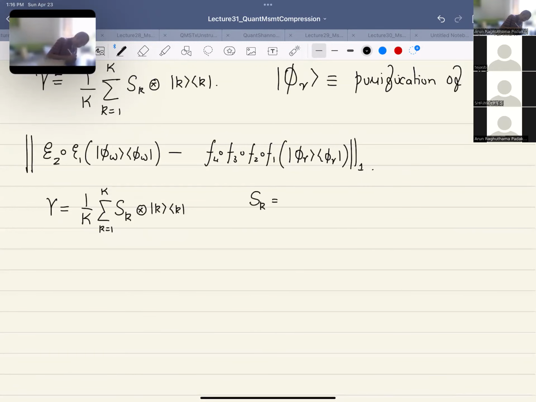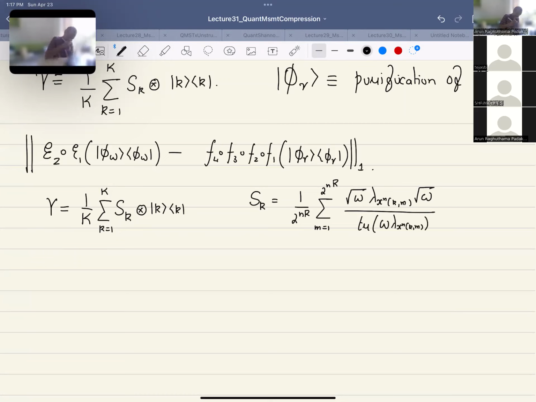Sk is 1 by 2 power nR summation m equal to 1 through capital 2 power nR root omega lambda xn of m comma k comma m, divided by the trace of omega lambda xn of k comma m.